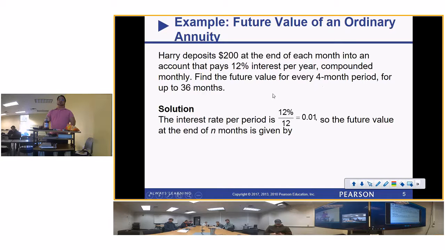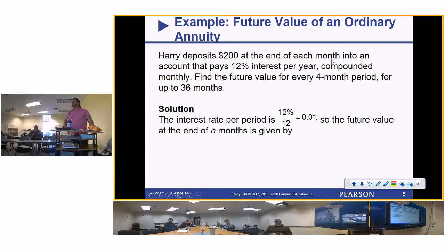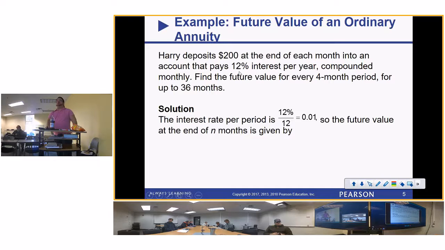Harry deposits $200 at the end of each what? So we know n is equal to what? 12. Into an account that pays 0.12 interest per what? Year. All right? Compounded monthly, find the future value for every 4-month period for up to 36 months.